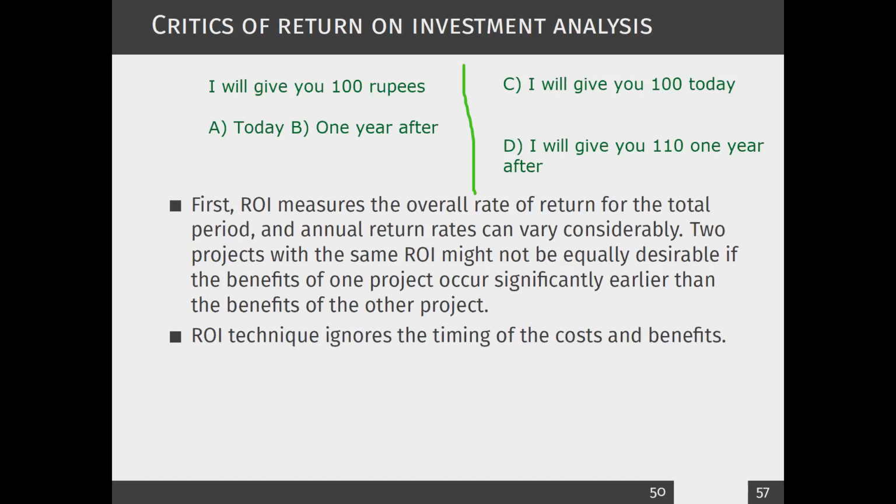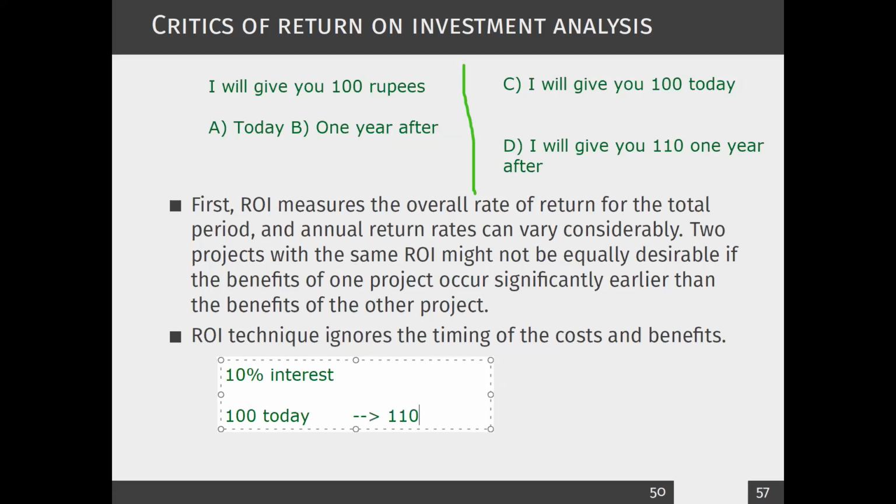So for example, if the bank is giving 10% interest, let's say the bank today gives 10% interest, right? So if you have 100 rupees today, what will happen?